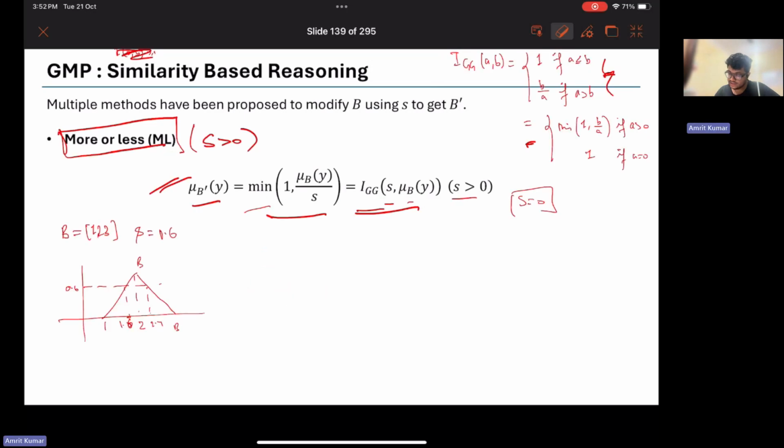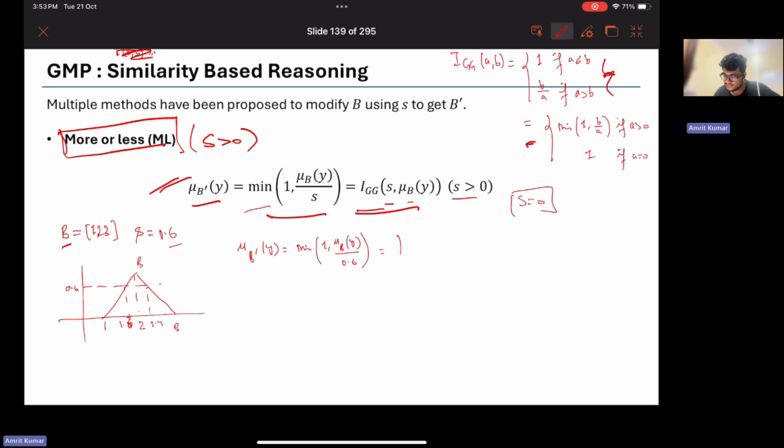Okay. So this is our fuzzy set B, and this is our membership value S, right? Now, what would be the formula of fuzzy set B dash? It's the minimum of this thing.